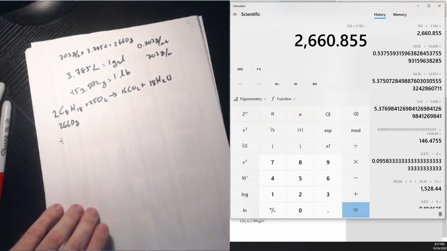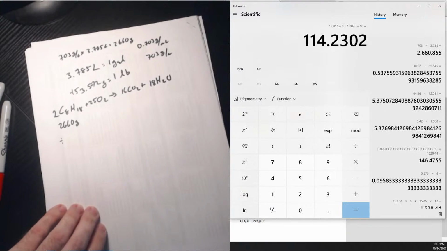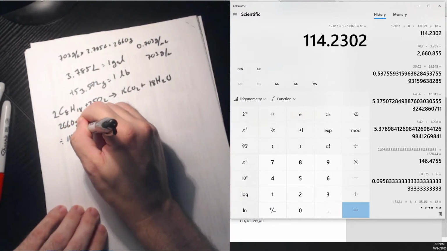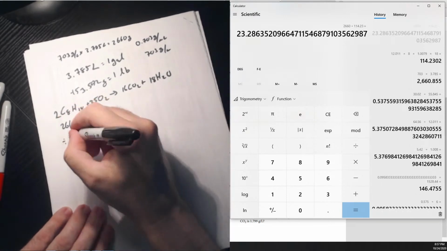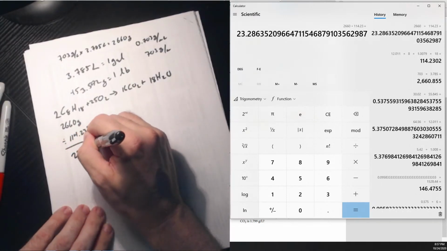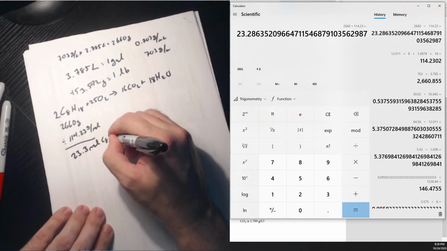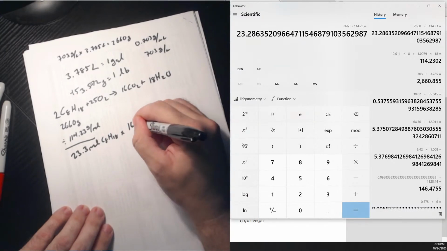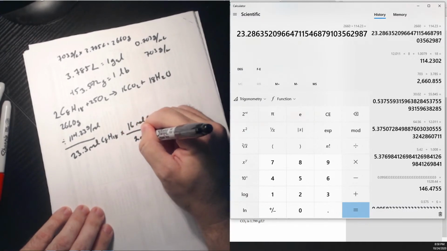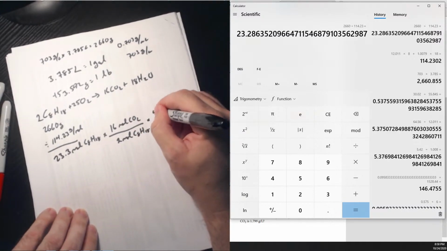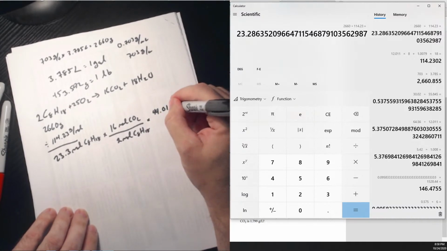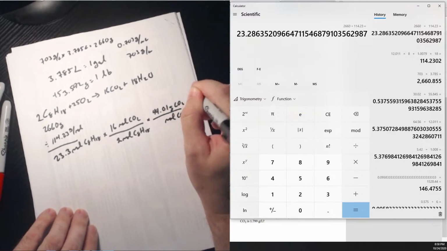The molar mass of octane is 114.23 grams per mole. 23.3 moles of C8H18 times 16 moles of CO2 divided by 2 moles C8H18 times 44.01 grams of CO2 per mole of CO2.